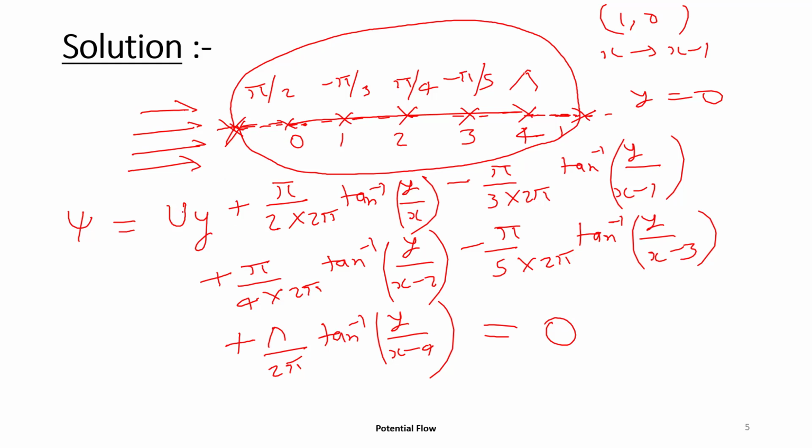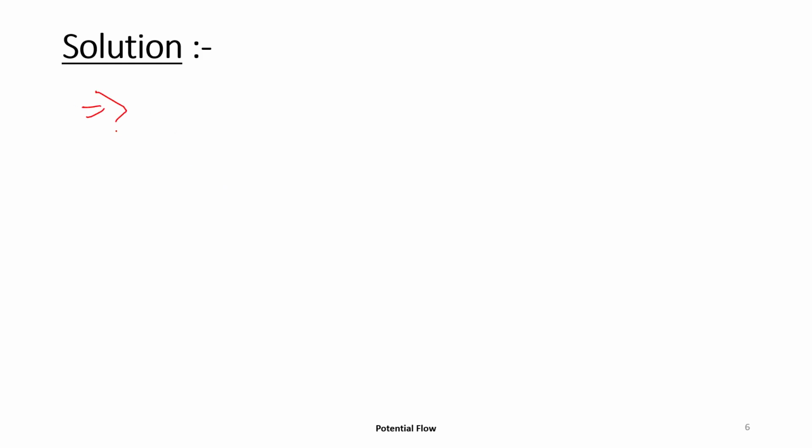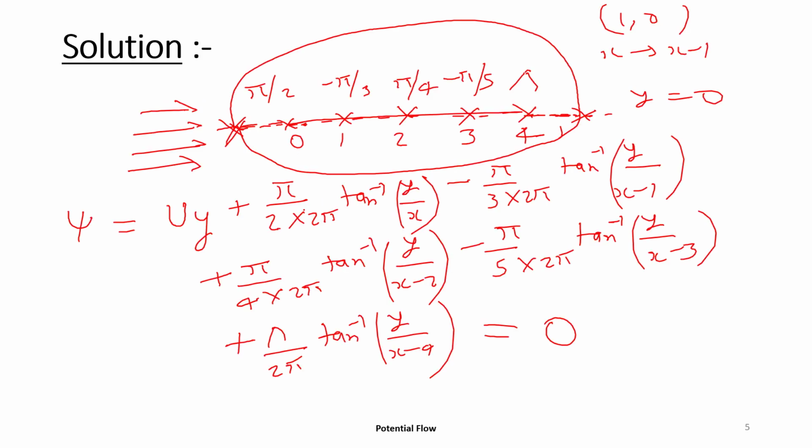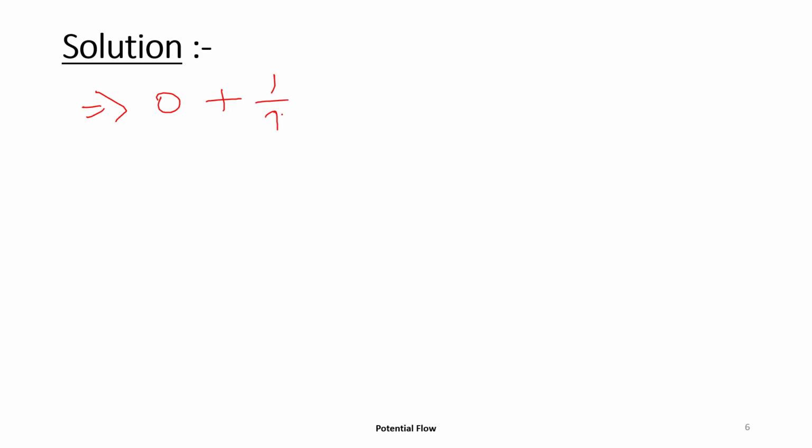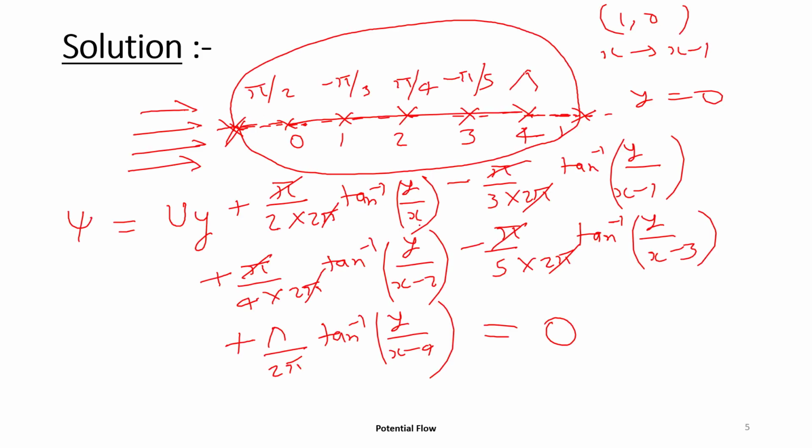So when we put y equal to 0 here, the first term will be 0. For the second term, we will cancel pi by pi everywhere. So the second term will be 1 by 4, and this tan inverse y by x can be 0 or pi, because y is 0, so tan inverse 0 can be 0 or pi.